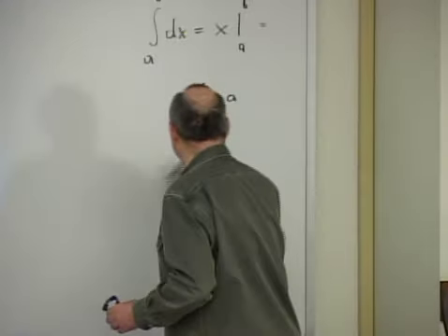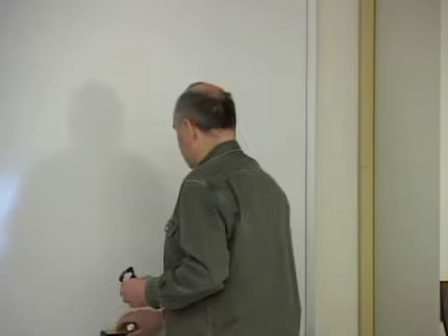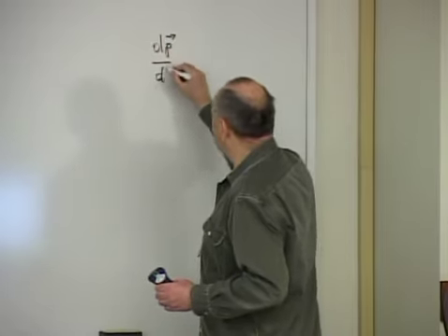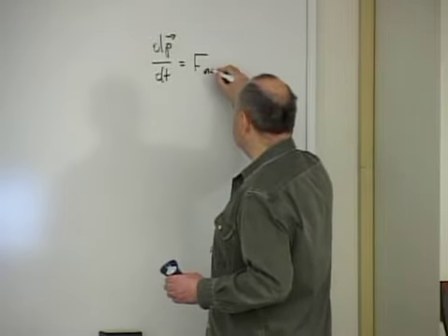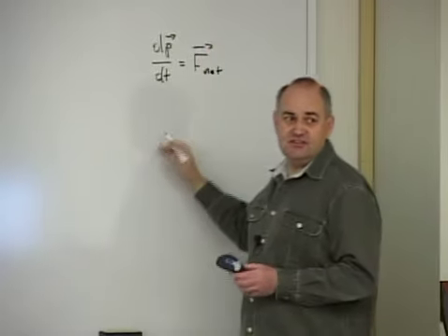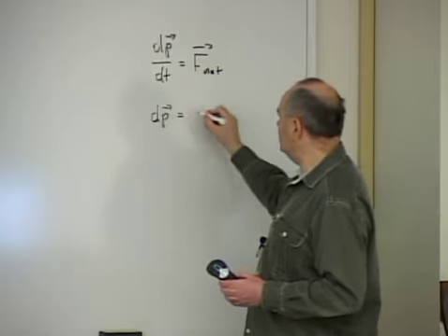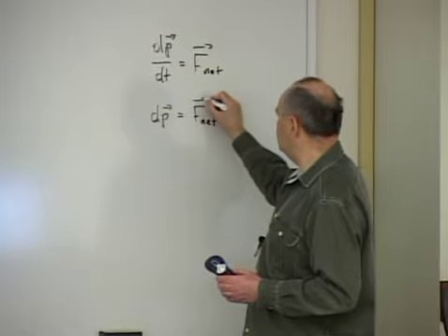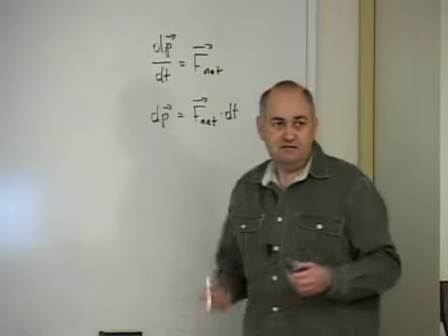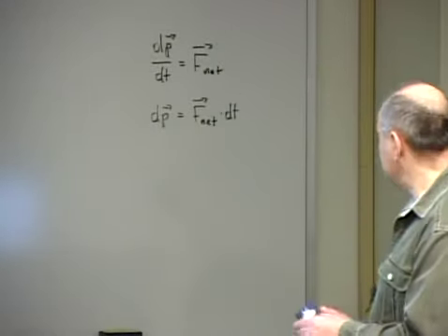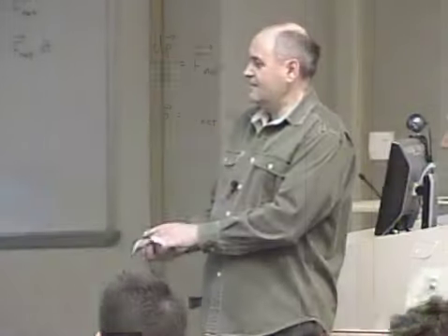On the previous slide, I had that the rate of change in momentum of a particle is equal to the net force exerted on the particle. So if I multiply both sides by dt, I will have that the differential change in momentum is equal to the net force exerted on the particle multiplied by the time when it was applied. So this is how I wrote that.